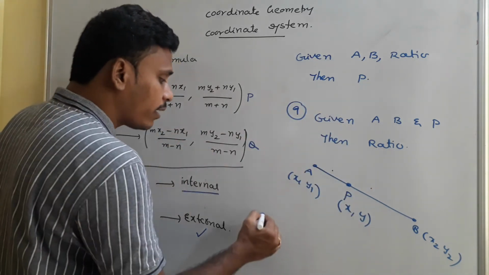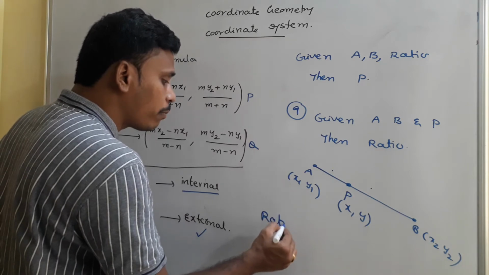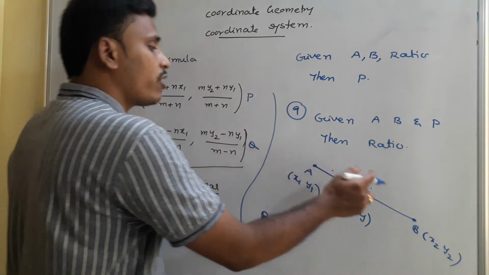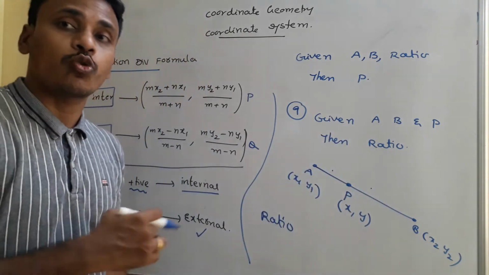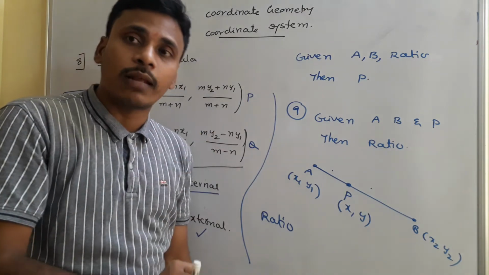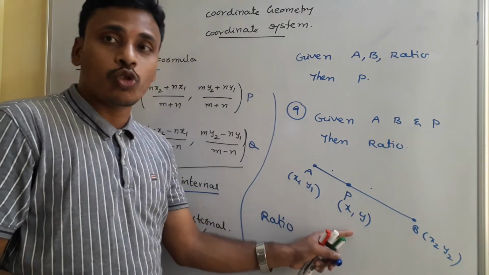That ratio is determined by this rule. Initially, since we don't know the ratio, take it as some m is to n, use the section division formula, you will get a point in terms of m and n, and equate it to the given point.